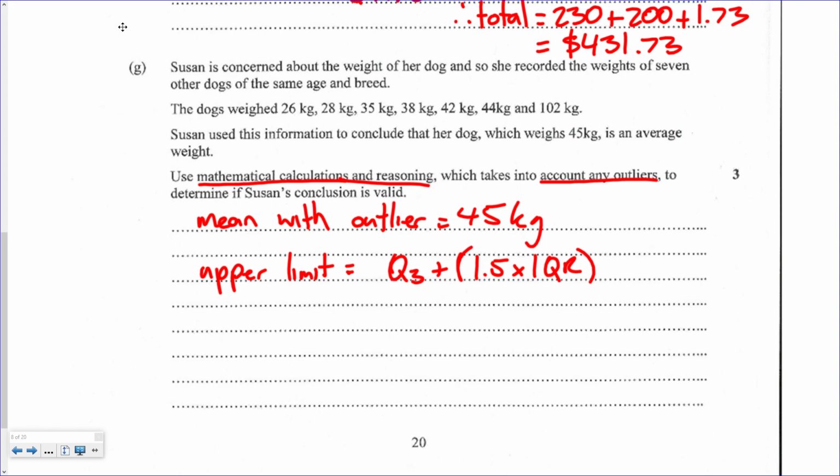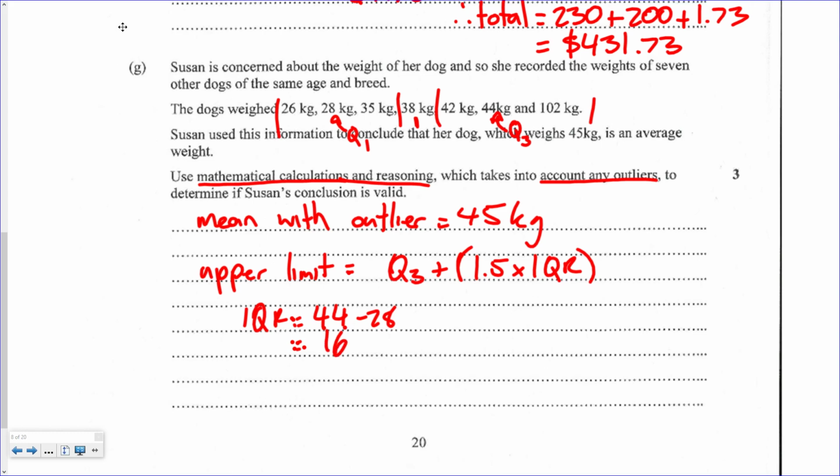So looking at these 7 numbers, here's our median, and therefore if we're looking at the median of these 3 numbers, the upper quartile is 44. And then also looking at these lower numbers, the lower quartile is 28. So that means the interquartile range is going to be 44 minus 28, so the upper quartile minus the lower quartile, which equals 16.